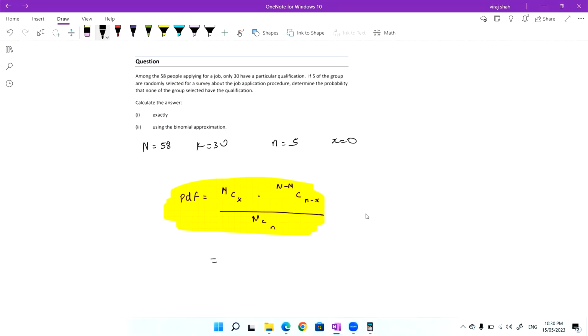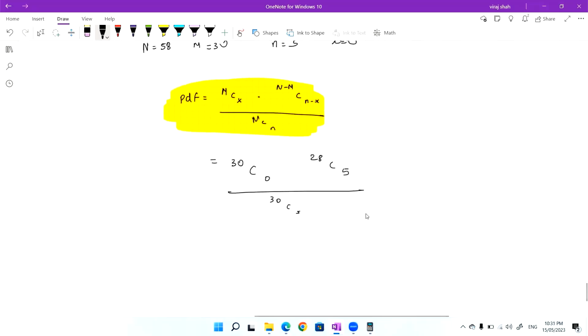It is nothing but MCx, where M is nothing but 30, K, or you can even write this as M. M is nothing but 30. Cx, x is nothing but 0. N minus M, 58 minus 30, which is 28C, n minus x, so 5 minus x is 5, so 28C5, upon N C n, which is 58 C 5.